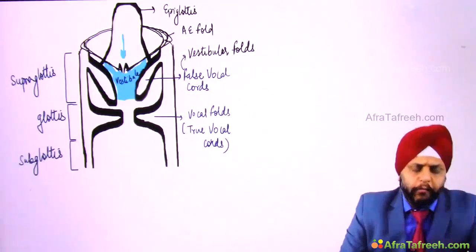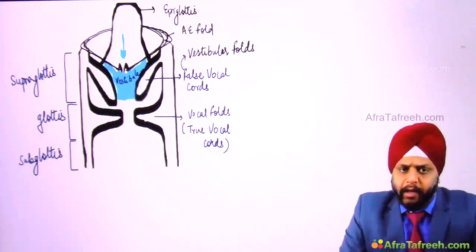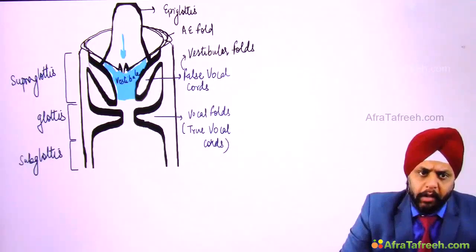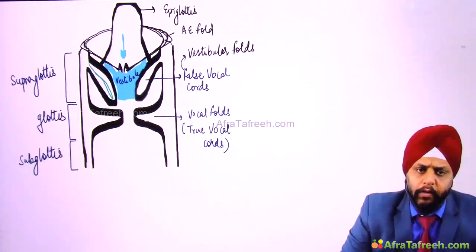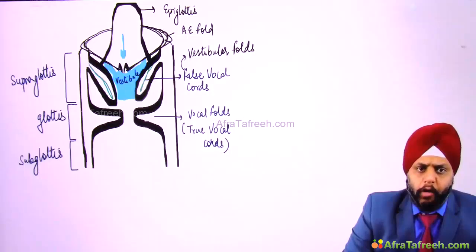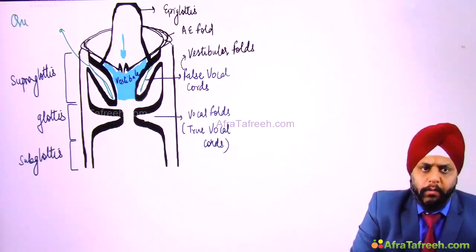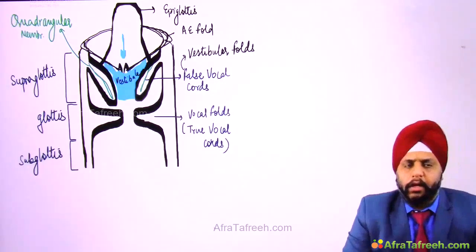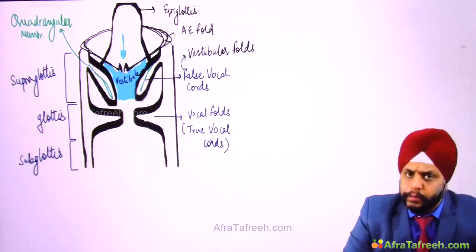When the mucosa folds, the basement membrane inside it also folds onto itself inside the vestibular folds, and it forms the quadrangular membrane.